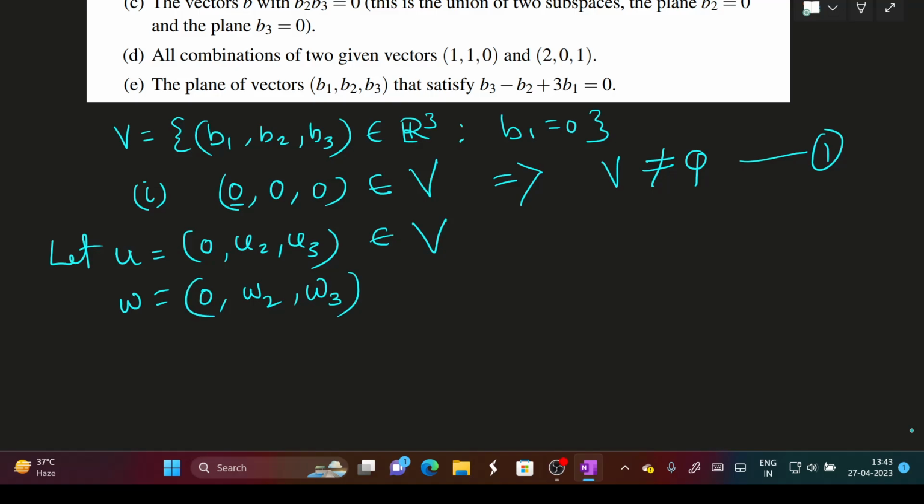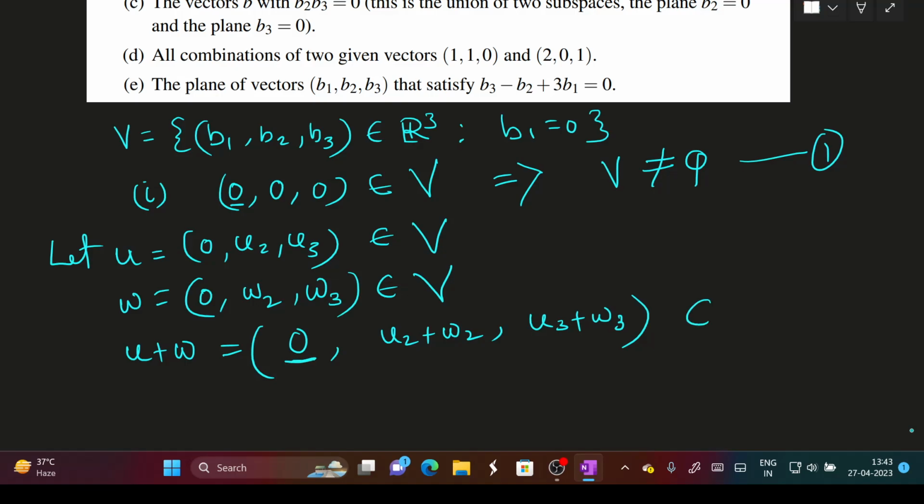It also has first component 0, hence this is an element of V. Now what about U plus W? Its first component is 0, then U2 plus W2, U3 plus W3. So in the resultant vector also the first component is 0. Hence it belongs to V.